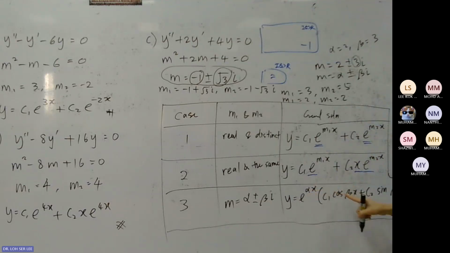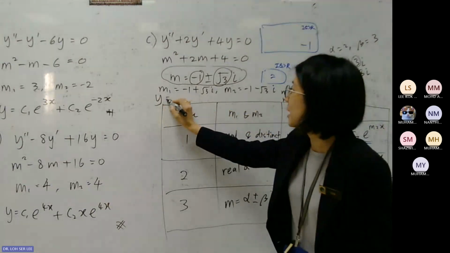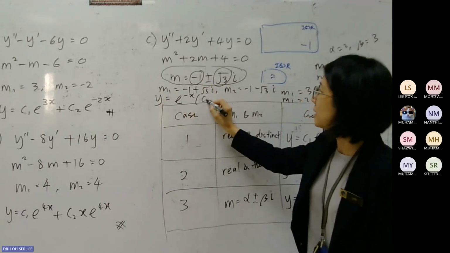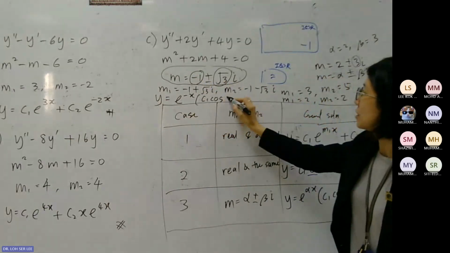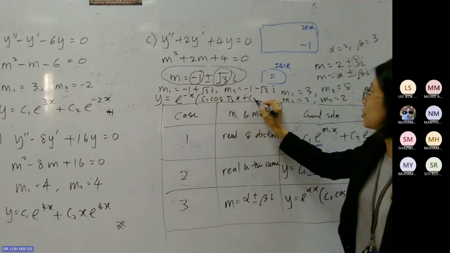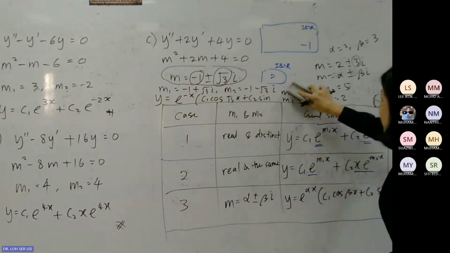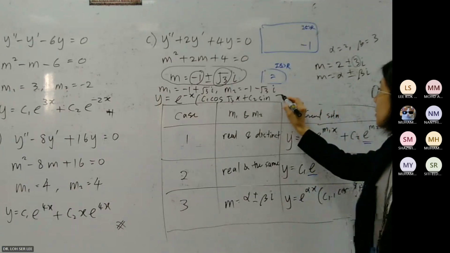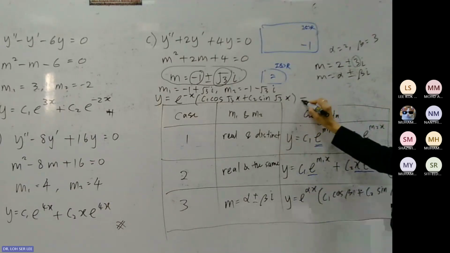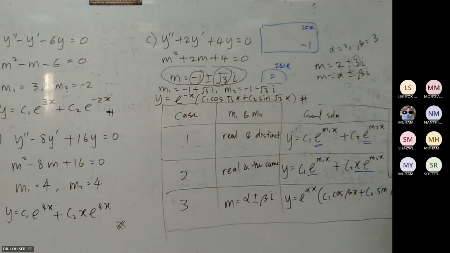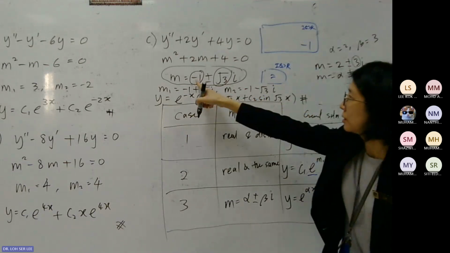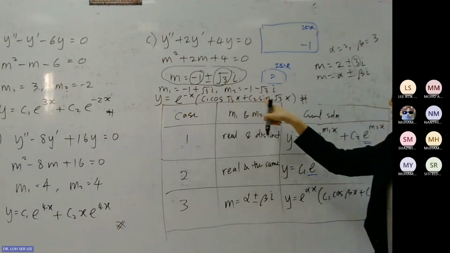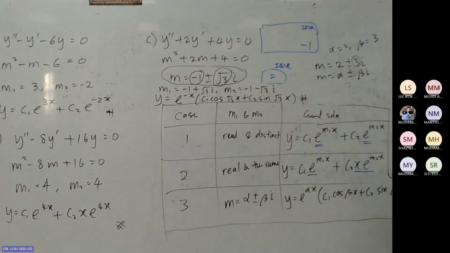So you substitute your alpha and beta here. Your y is e to the power of -1x, then C1 cos 3x plus C2 sin 3x. Then you get the solution.